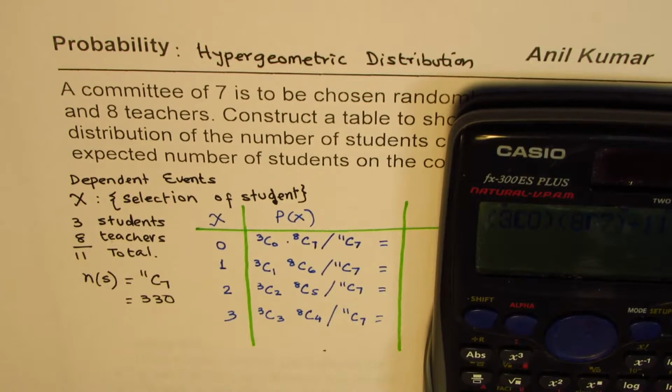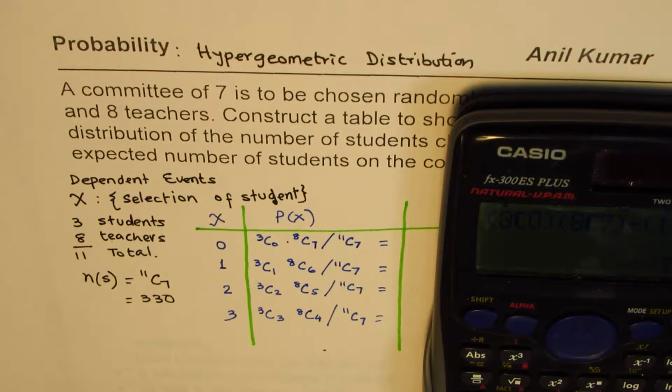Let me write that also in brackets. It is good to write them in brackets. Sometimes I feel that we get errors when we don't use brackets. When it is simple multiplication and division, normally you don't get errors, so you could have done without that also. Anyway, we get 4 over 165.